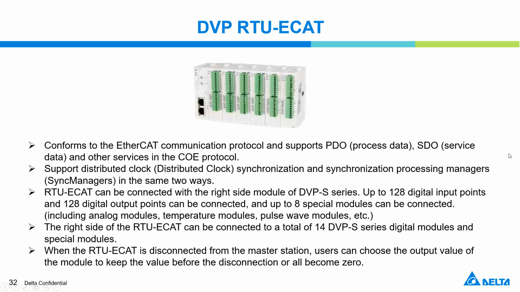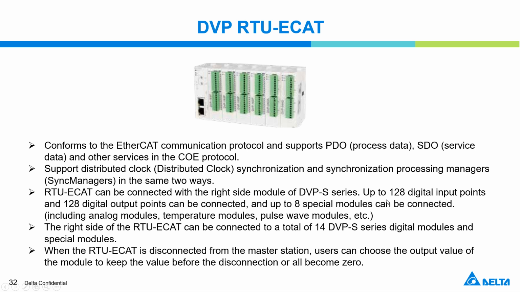The next one is the DVP series. This one is the cheapest of our remote I/O modules, and it can also be extended a lot with DVP series modules, whether DIO, AIO, temperature, or load cell modules.